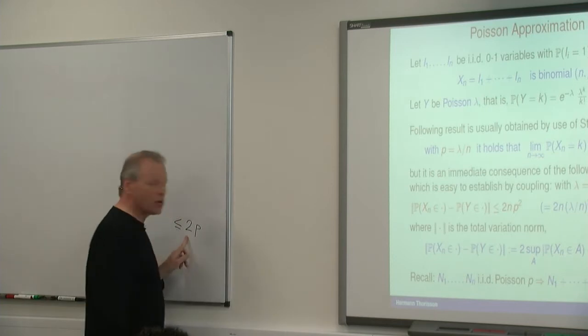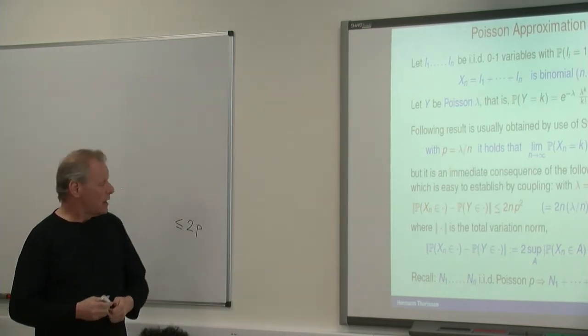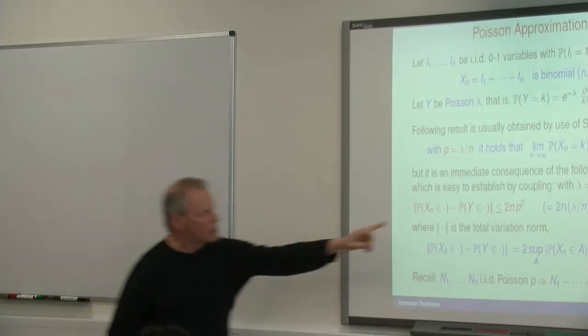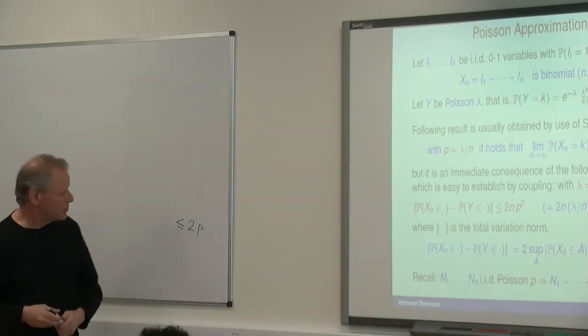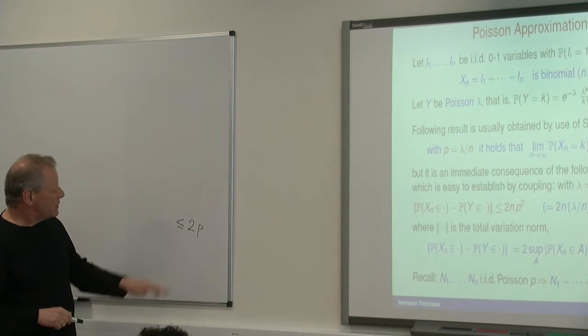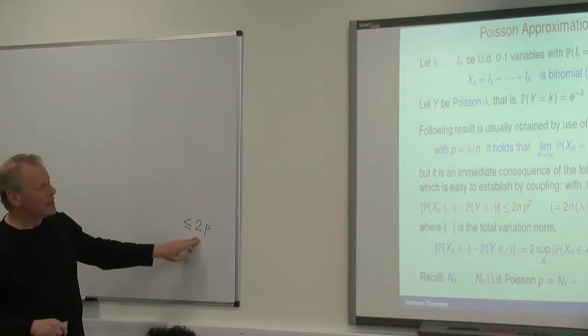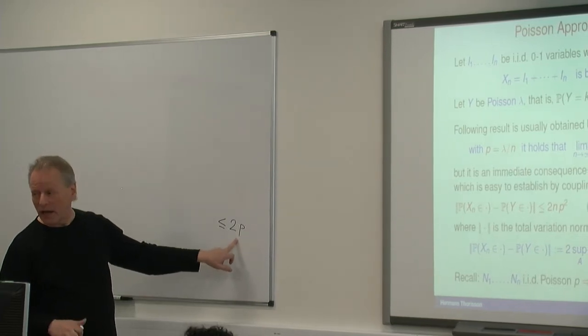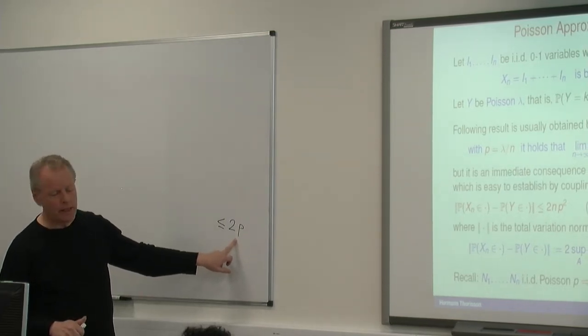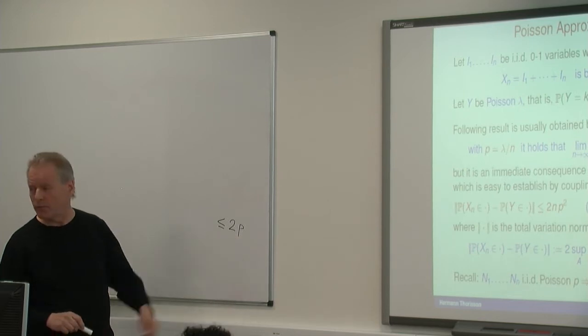This is the same all the time, whatever n is. But this one gets good when p is small. So it is a balance you have to take there. But if you have this one, you see that you can always efficiently or quite well approximate the binomial by the Poisson.